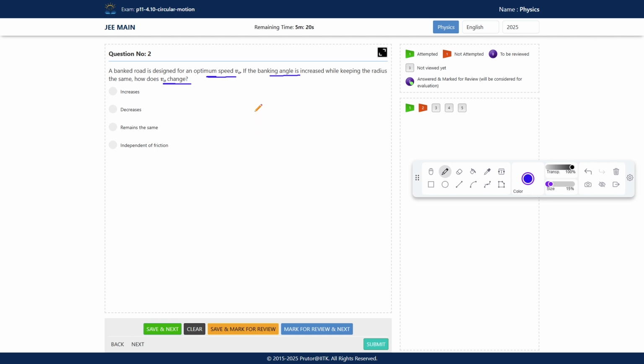We know for the banking road the formula is V equal to under root R g tan theta. So from this relation, if theta is increased, tan theta increases. Yes or no? So leading to higher V0. It means it increases.